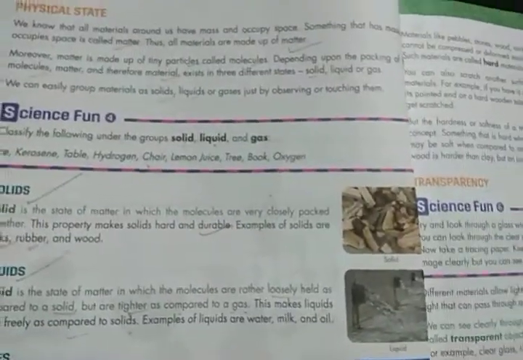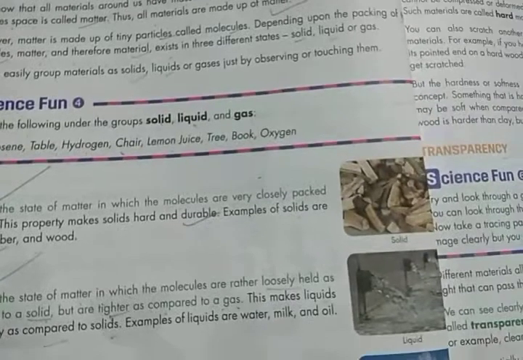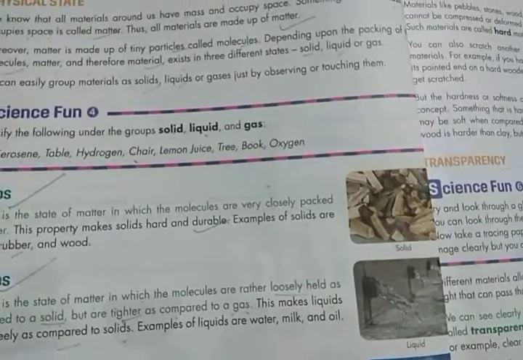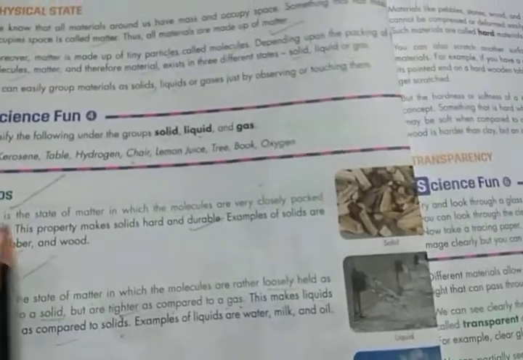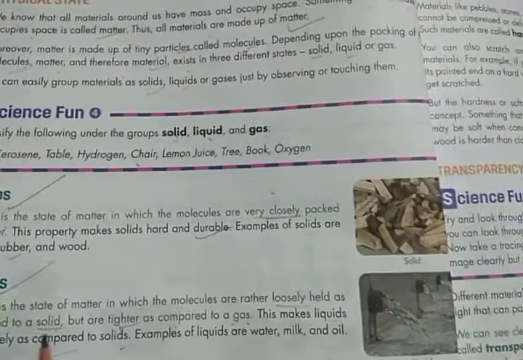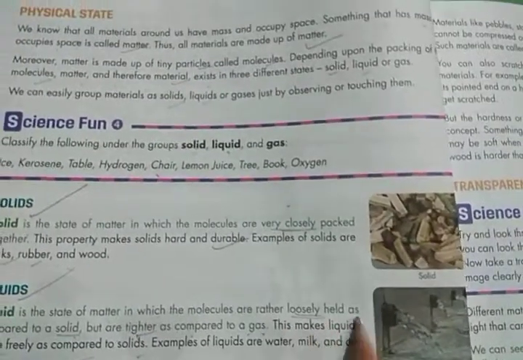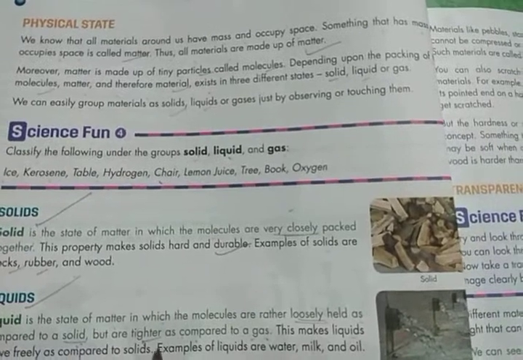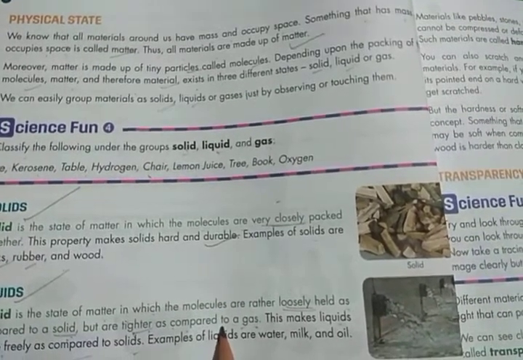And in gases, the molecules are placed very far apart from each other. In solids, they are very closely packed. In liquids, they are loosely held as compared to solids, but tighter as compared to gases.